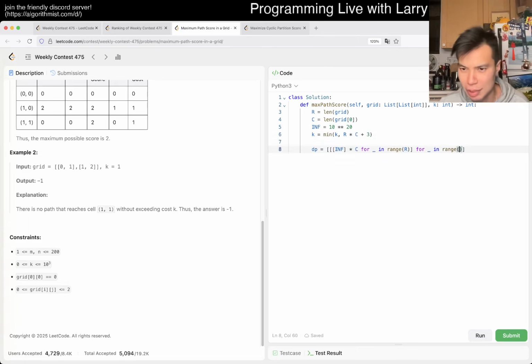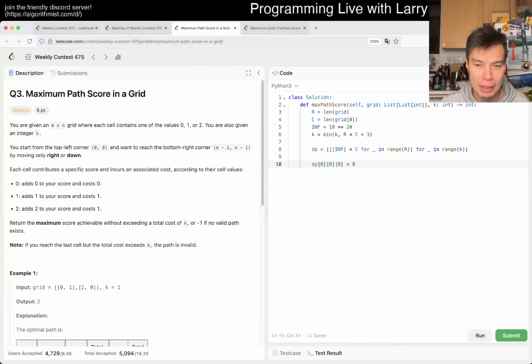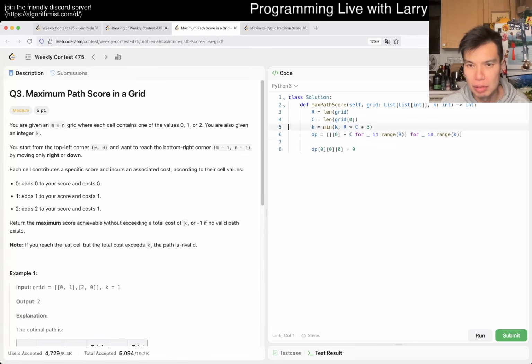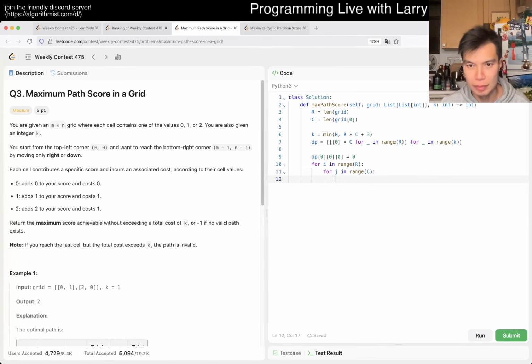I don't know, whatever, just something like that. Oh, we're doing max score, so this is actually 0. Yeah, this K is gonna kill me.